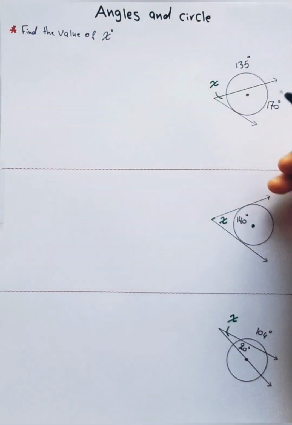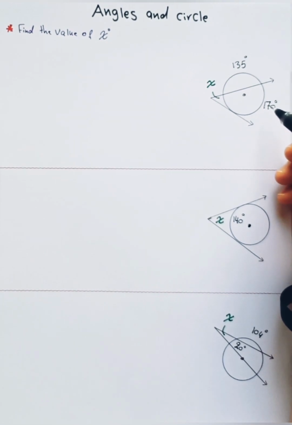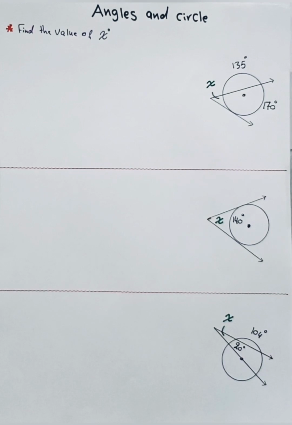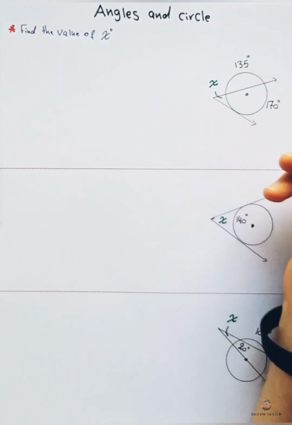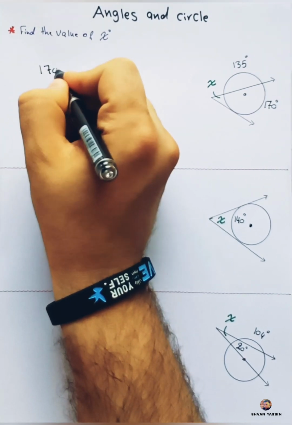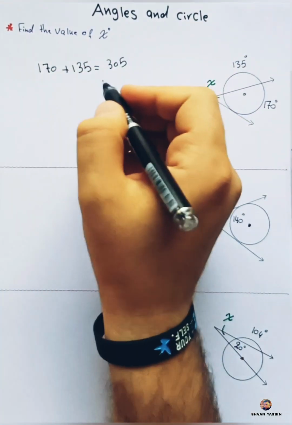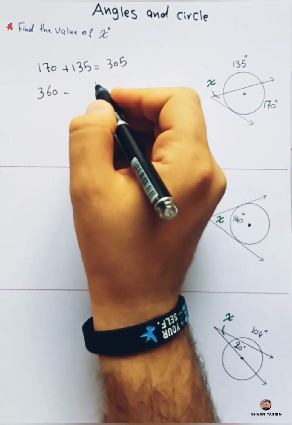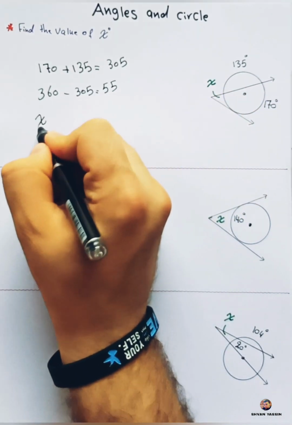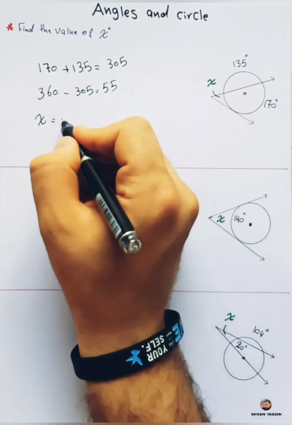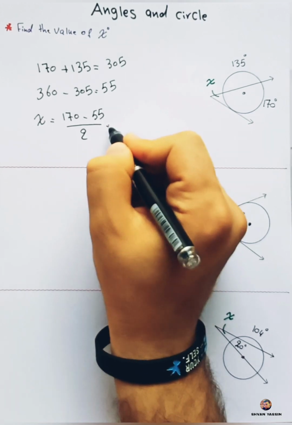After that, in these examples, you have to find the value of x. In the first figure, first you have to add these two numbers, 170 plus 135 equal to 305. After that, we have to subtract 305 from 360, equal to 55. So the value of x equal to 170 minus 55 and then divided by 2.